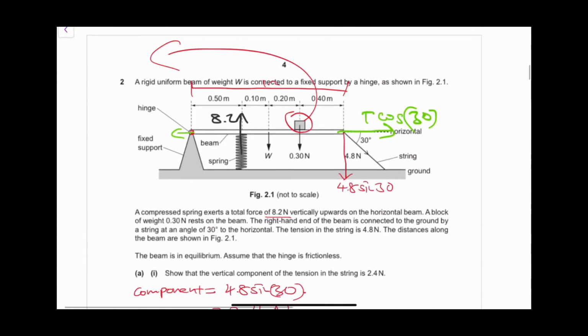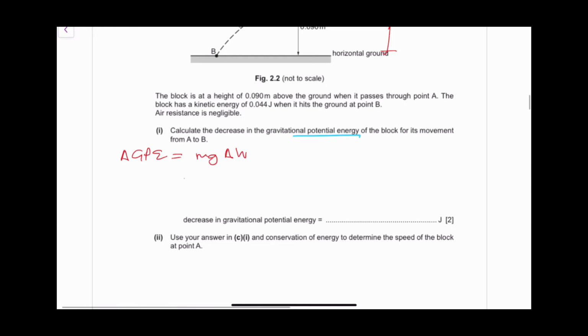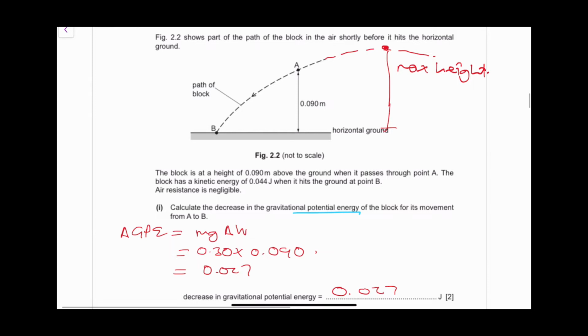It is 0.30 newtons, and the height is 0.090. So the total will be 0.027, which is my decrease in gravitational potential energy. It had a certain height at A, and all of that height decreases to 0 when it arrives at point B, so all the gravitational potential energy has decreased to 0.